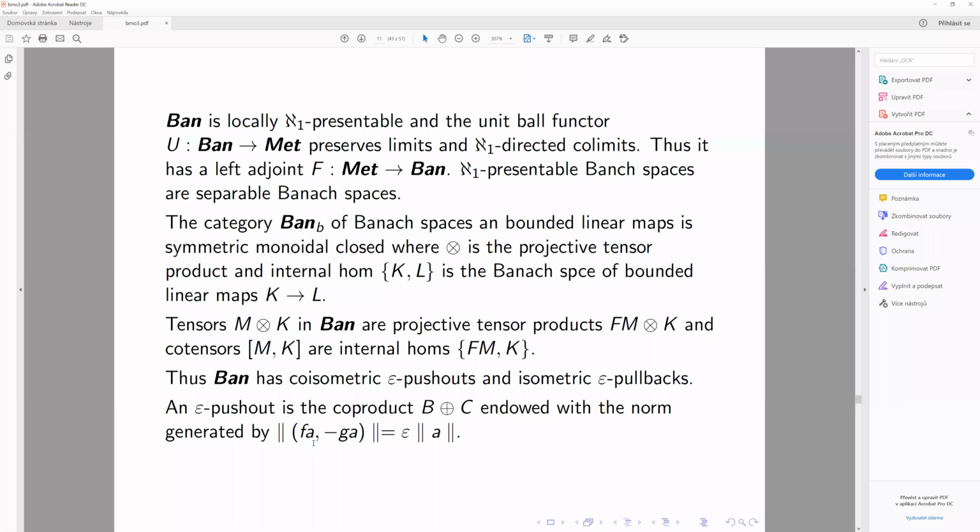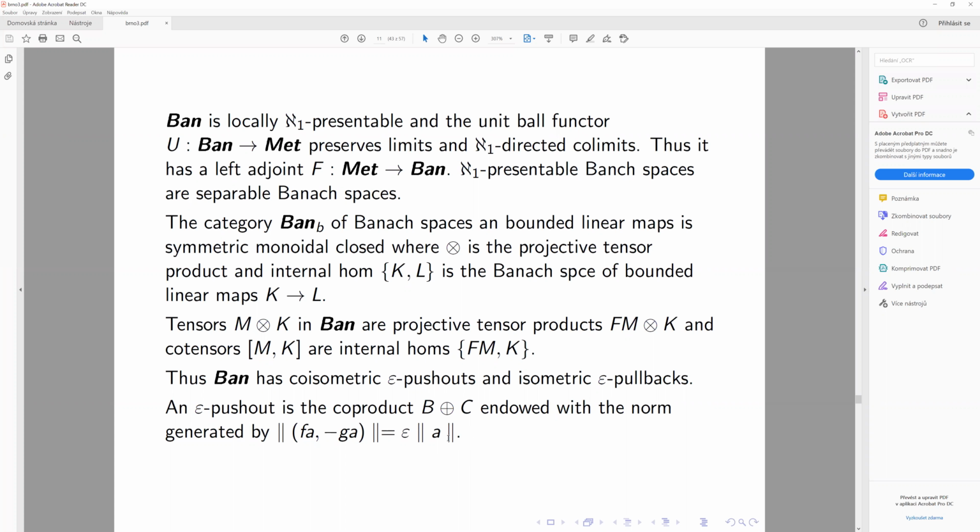You see, that's like if you want to identify FA and GA. So you want FA minus GA to have norm 0. But now for the epsilon pushout, you need the norm of those to be epsilon multiplied by the norm of that. In fact, this epsilon pushout, not using this name, but this construction is known with Banach spaces.